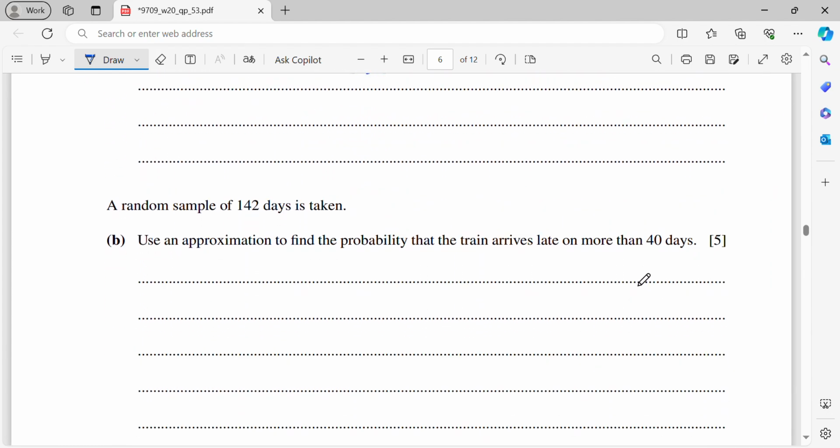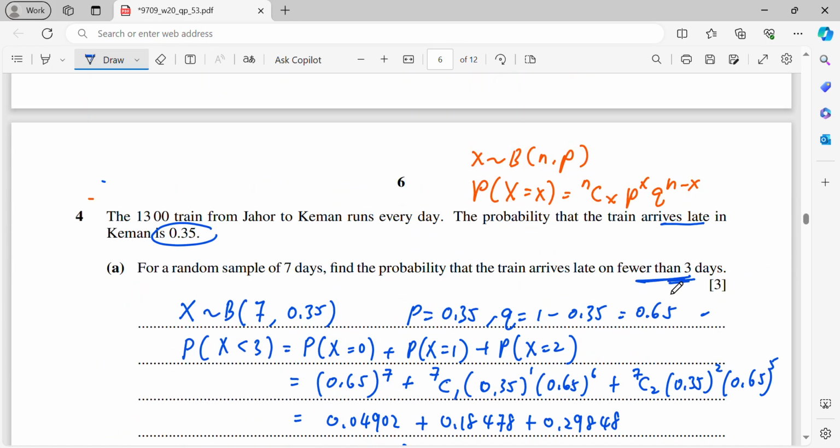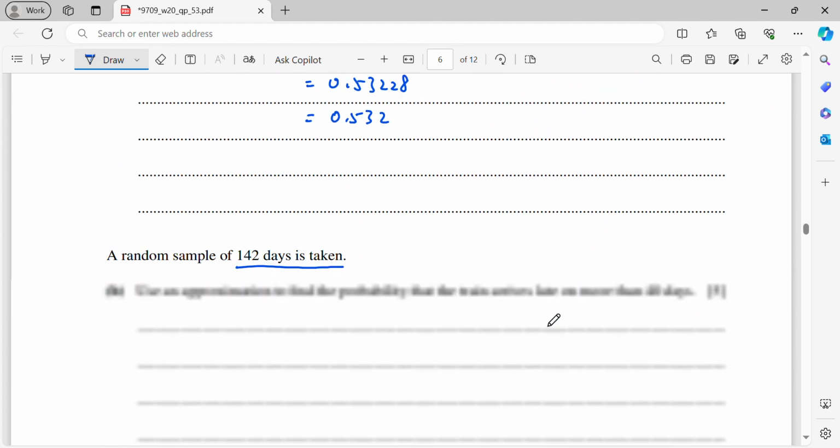Okay, now a random sample of 142 days is taken. B. Use an approximation to find the probability that the train arrives late on more than 40 days. So now, initially, it is 142 days. Arriving late is 0.35.